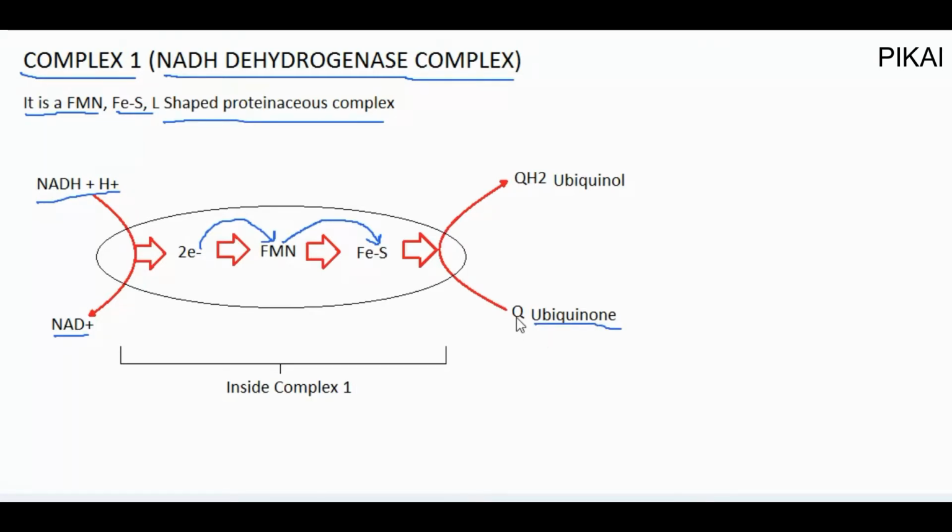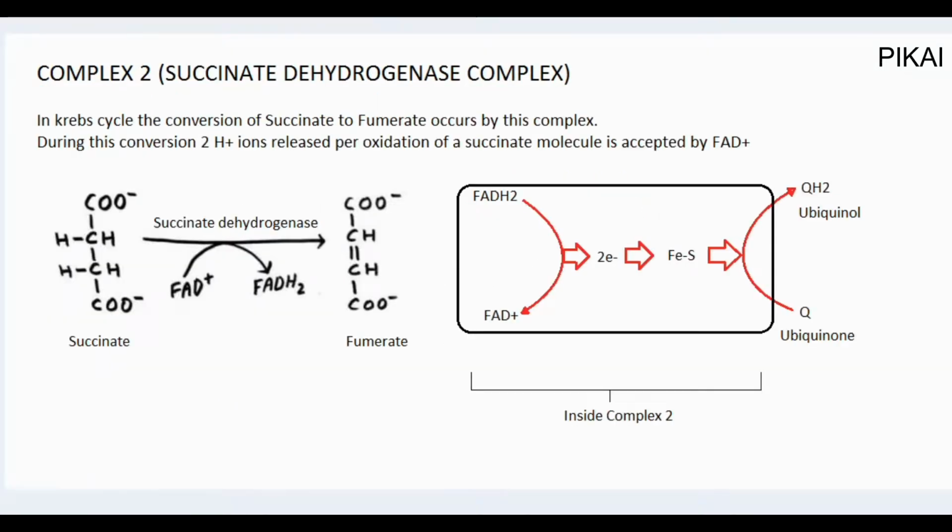So the ubiquinone is reduced to ubiquinol by accepting electrons and hydrogens. So we have talked about complex 1, which ultimately gives its electrons to complex 3 via the mobile electron carrier, ubiquinone. The same happens for complex 2 also.